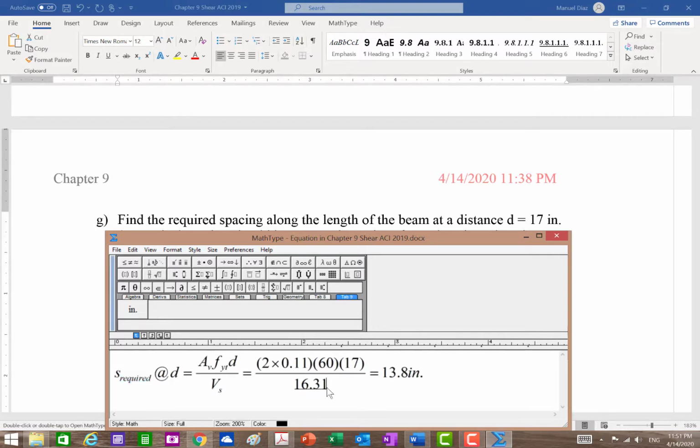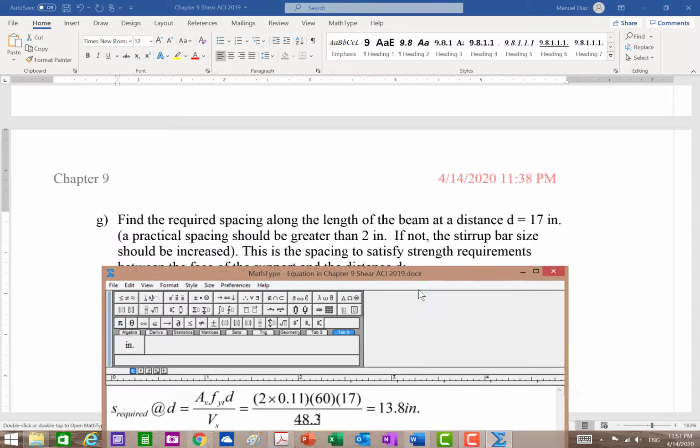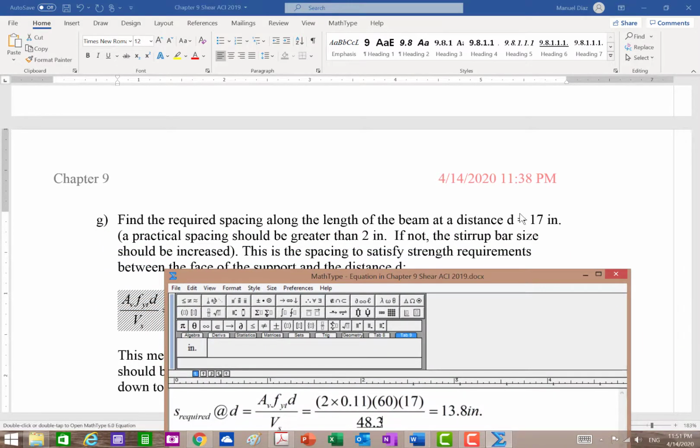Right? So this value is 48.3. And so now my spacing is 0.22 times 60 times 17 divided by 48.3, that's equal to 4.6.